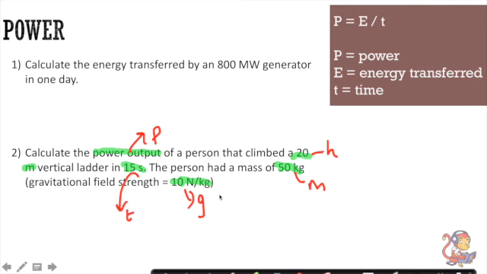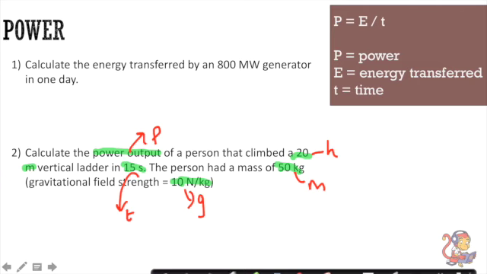And straight away I'd look at my data sheet and try and find an equation that links P, T, G, M and H. And then I panic because I wouldn't find one. So I've got to think to myself, what equation can I do with the information that I've got? And if you look, you can multiply the G by the M by the H to get the gravitational potential energy.